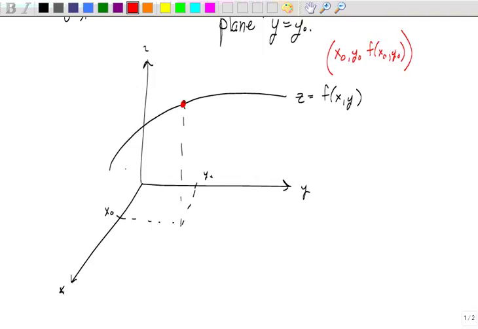So let me say the surface goes like this. This is an infinite surface, of course, and the tangent line in that plane is going to do that.